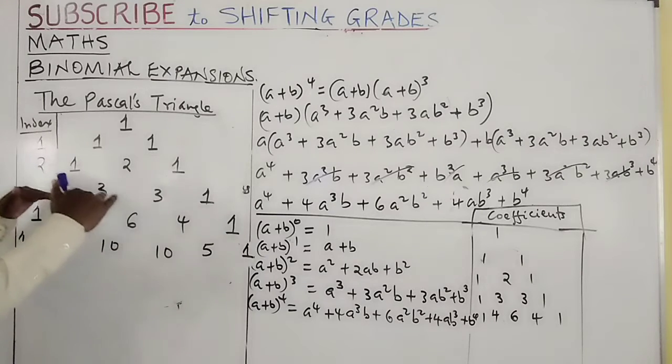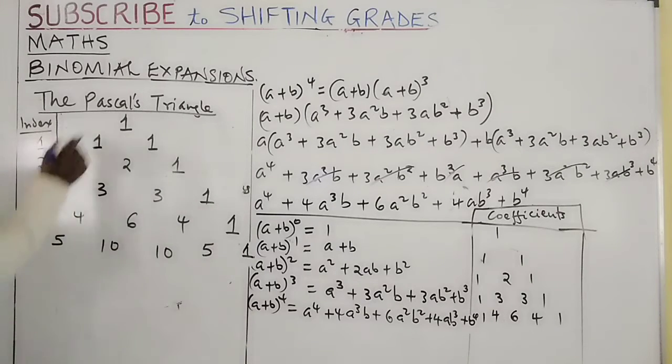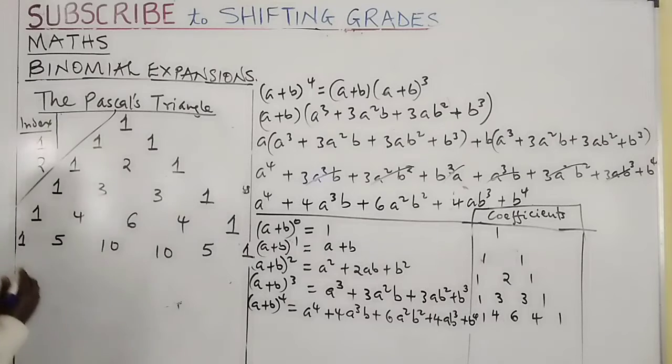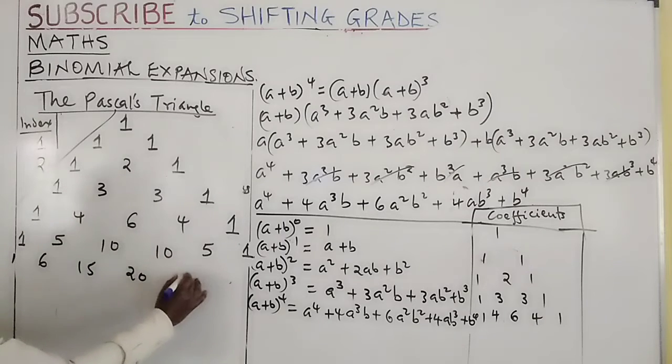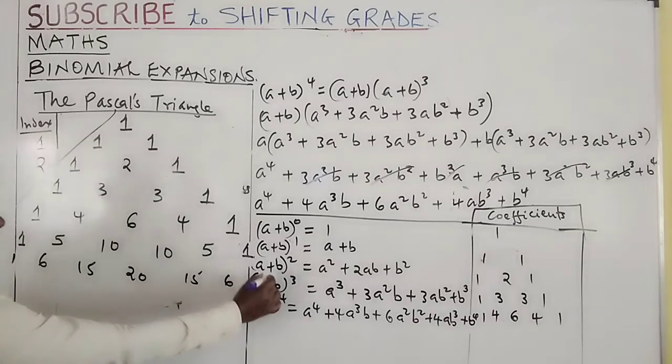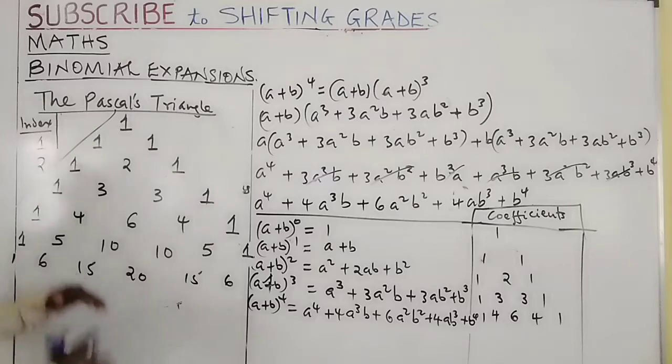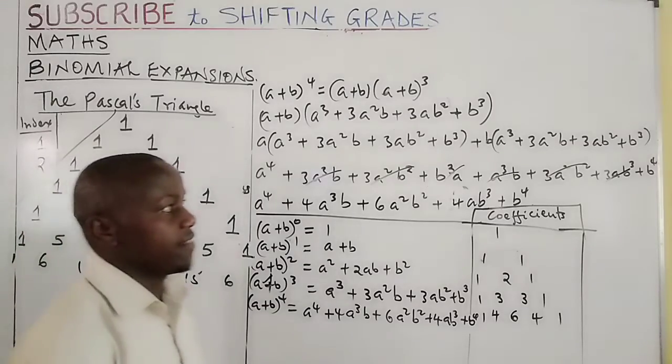And the triangle goes downwards. You find it's a triangle. The terms are increasing as the index increases. For 6, we will have 1, 6, 15, 20, 15, 6, and the 1 ends again. So downwards, they increase like that.